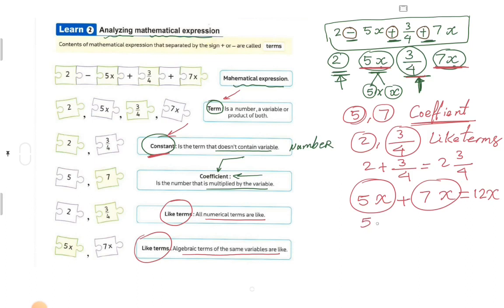But if it was 5x and 7y, can I add them to each other? No, it's false. I cannot add 5x to 7y. So it must be the same variable: x and x, y and y, z and z.